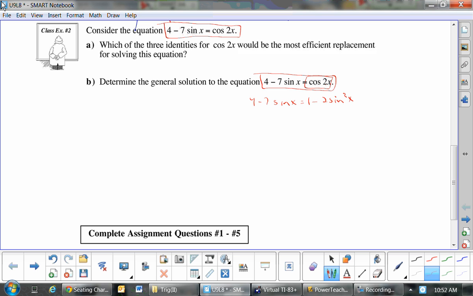Now let's get it to equal 0. Let's get everything to the right. So if I do that, here's my equal sign, right? If I do that, that would be 2 sine squared x minus 7 sine x. And that 1's going to come over to be a -1. So it's going to take away 1 from that 4.